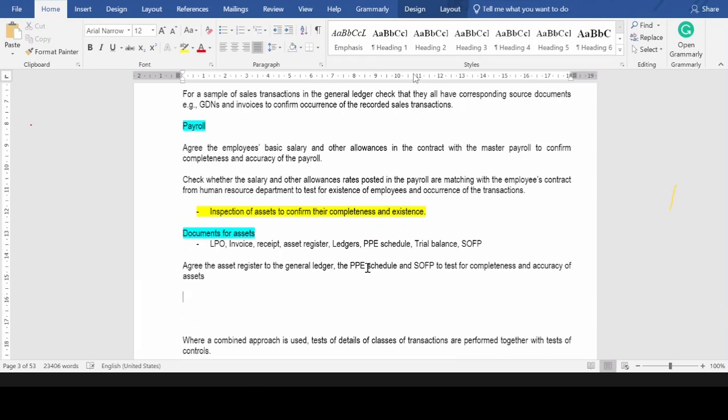Then we can now change this one backwards.